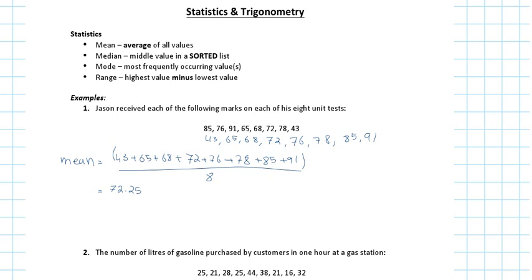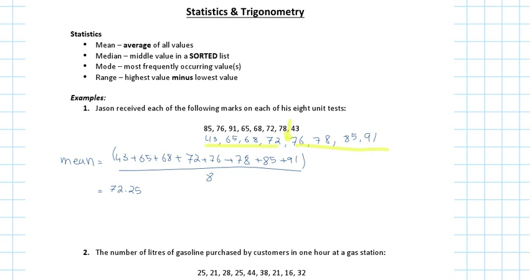Okay, median. If you look at this, I have 8 sets of data, and that's an even number, so I have 4 that are below the median and 4 that are above the median. My median is going to fall somewhere here. To find that median, I have to add both of the middle terms and then divide by 2.